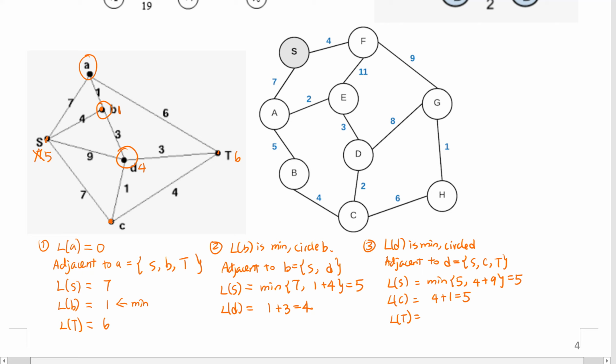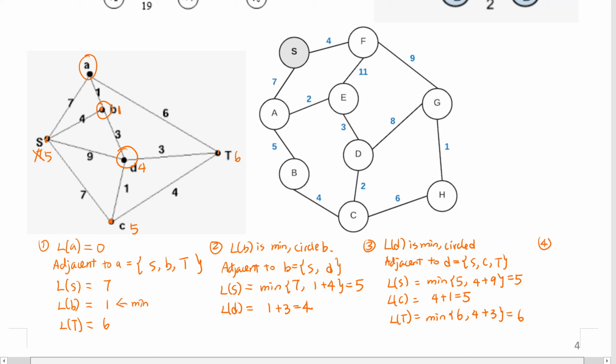Okay, and T, we have T before, so that is the minimum of 6, and when we pass through D, 4 plus 3 is still 6. Okay, so we have this is 5, and that's still 6, and that's 5.